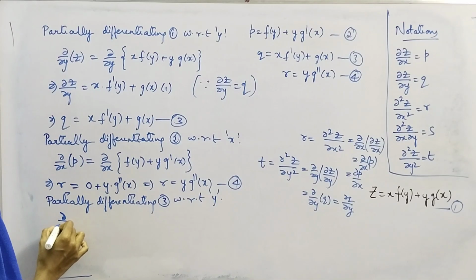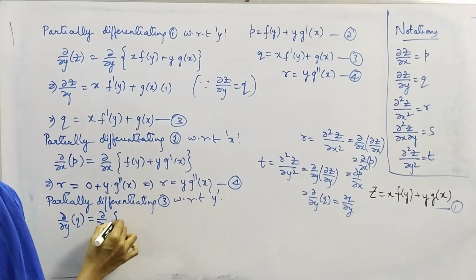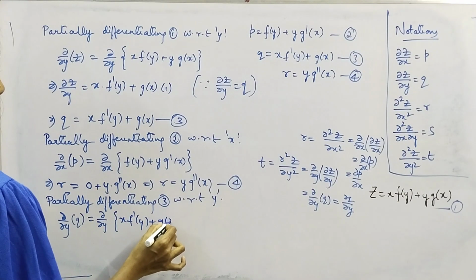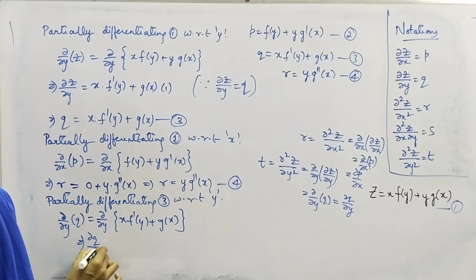Just apply dou by dou y on both sides of 3. Here we are partially differentiating with respect to y, so we'll treat x as constant. This gives us dou q by dou y, which is t.